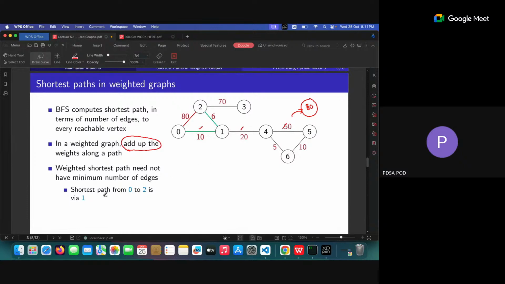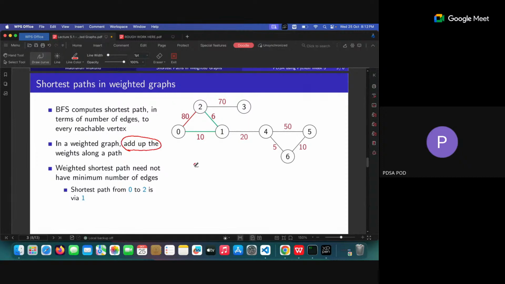So please remember it. The shortest path from 0 to 2 is via 1. They are not considering the number of edges. Please see that from 0 to 2 we have two ways.